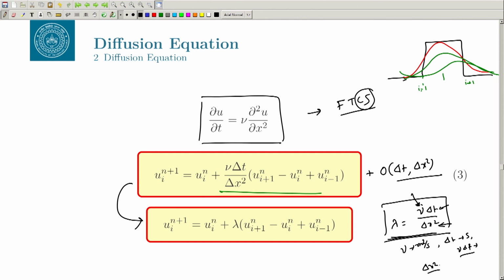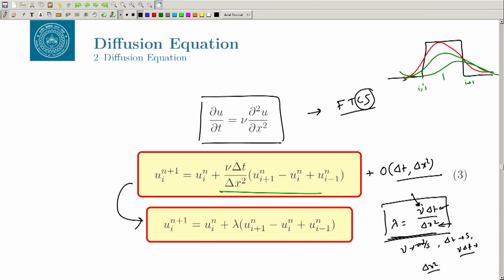So, it still has the same meaning: how much it is diffusing in a given time should not be bigger than your grid size. In fact, the requirement in this particular case, as we will see later, is that it should be less than 0.5. So, earlier we had lambda equal to C delta t by del x less than 1, here it is less than 0.5. Okay.